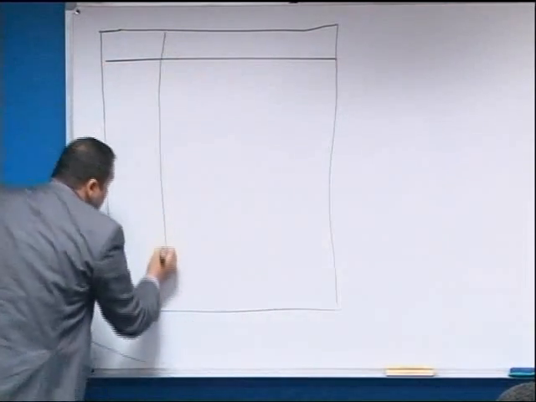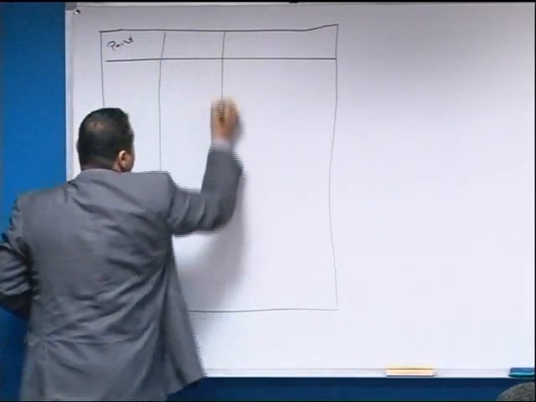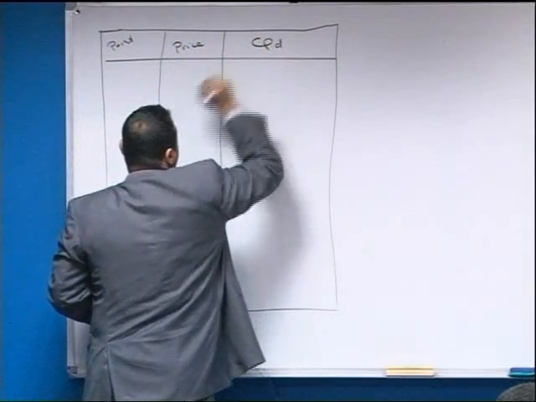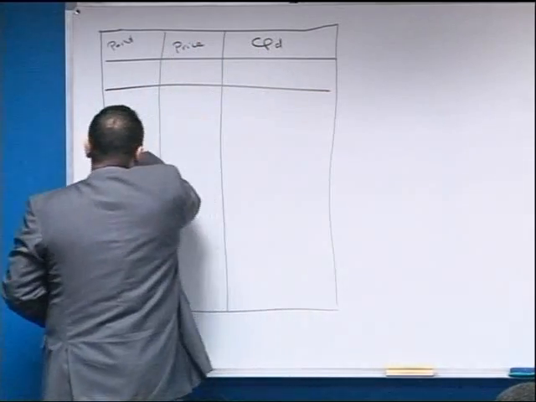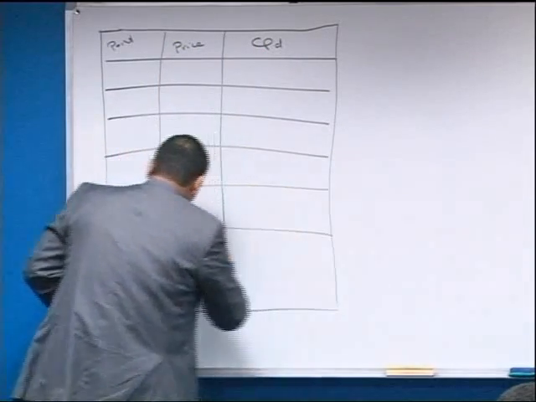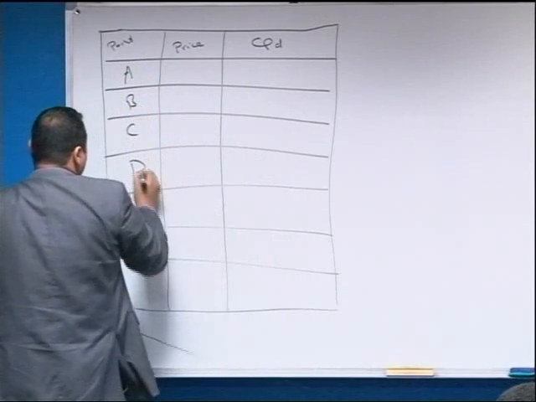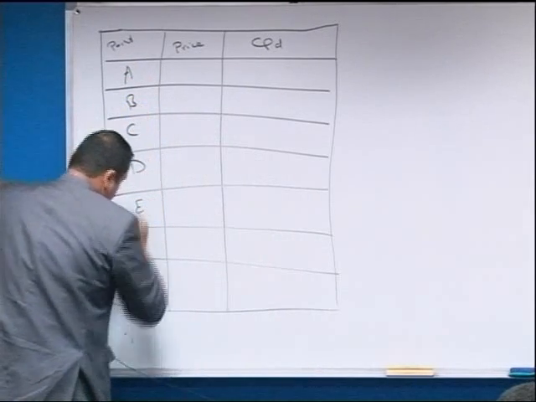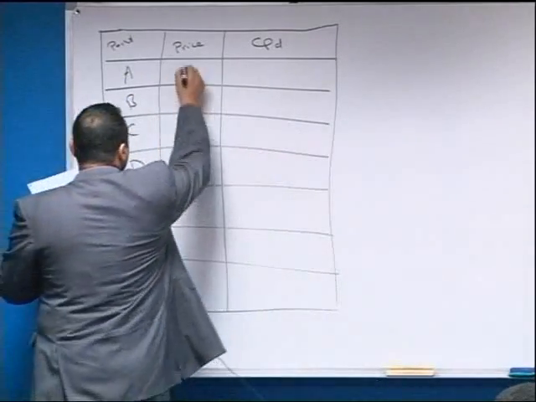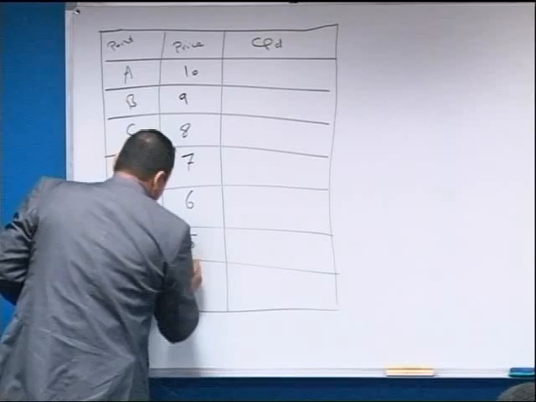Point, price, quantity demanded. A, B, C, D, E, F, G. The prices are 10, 9, 8, 7, 6, 5, 4.